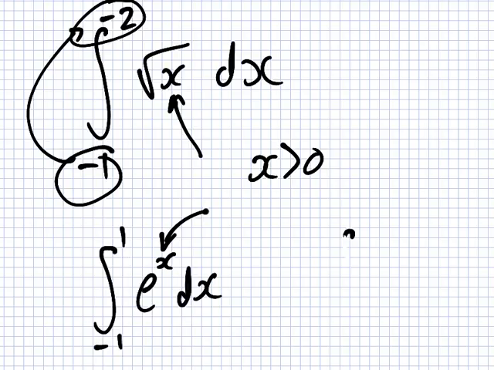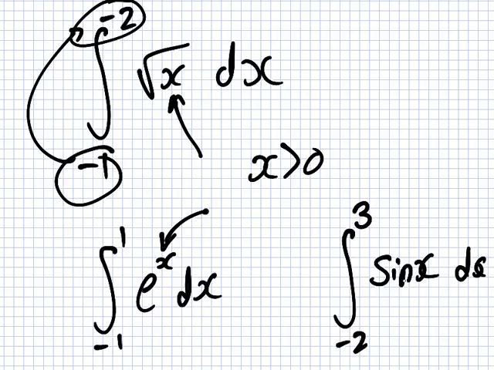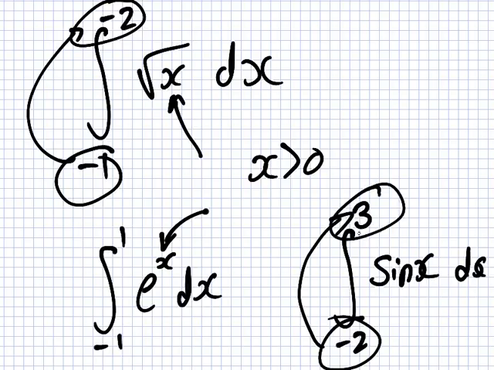And then finally, sine x, proper or improper? Proper. Again, we can put any value into sine, so there's nothing forbidden here. We can start here and finish here without hitting a problem.